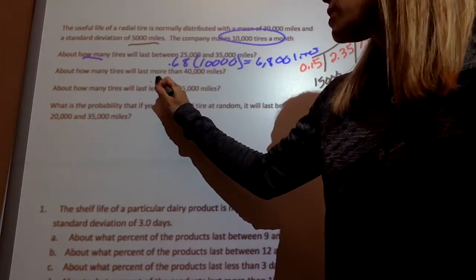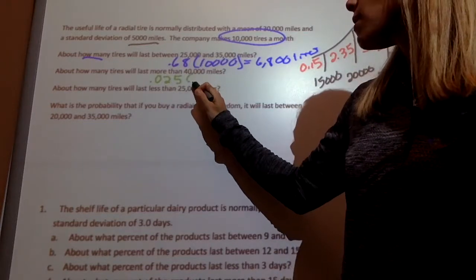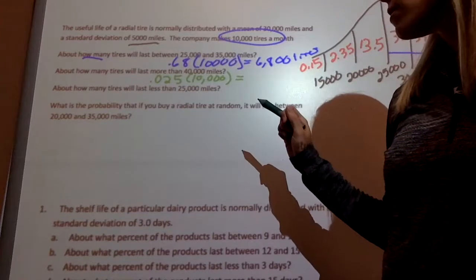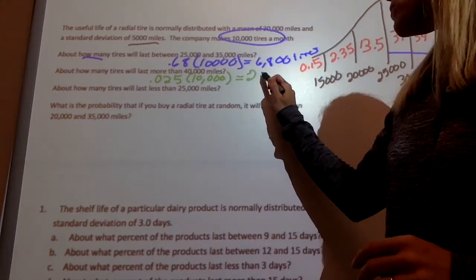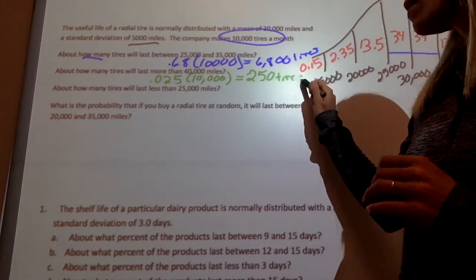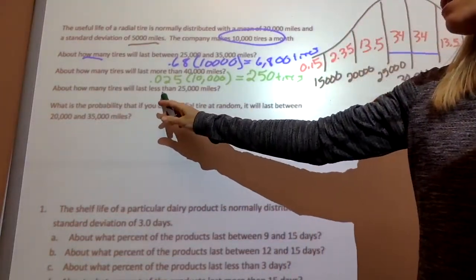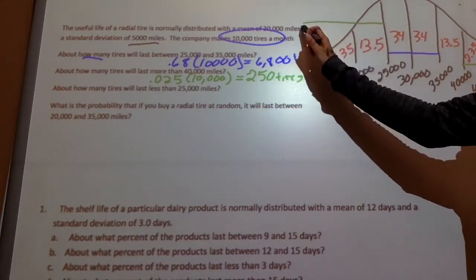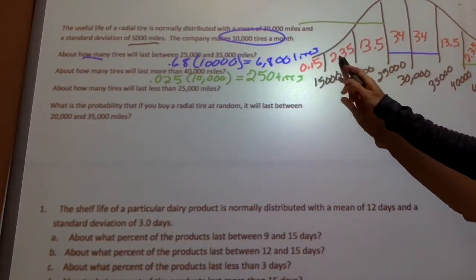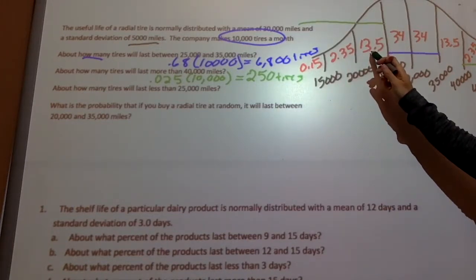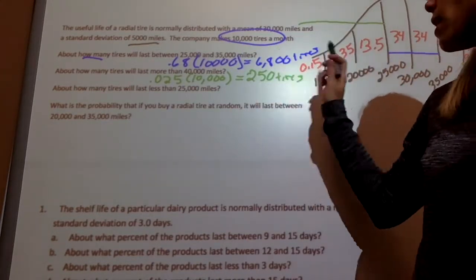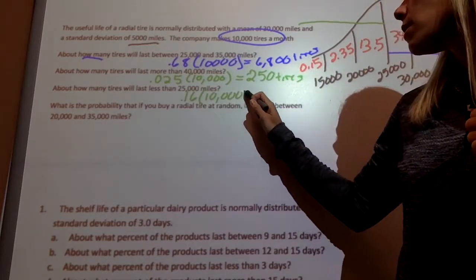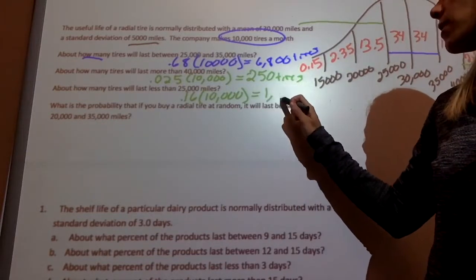So 2.5% as a decimal times 10,000 would be what? 250 tires. Okay. About how many tires will last less than 25,000 miles? So less than 25,000 miles would be here, and I'd have to add up these three. So 16%, add up those three numbers, so 0.16 times 10,000 is what? 1,600 tires.